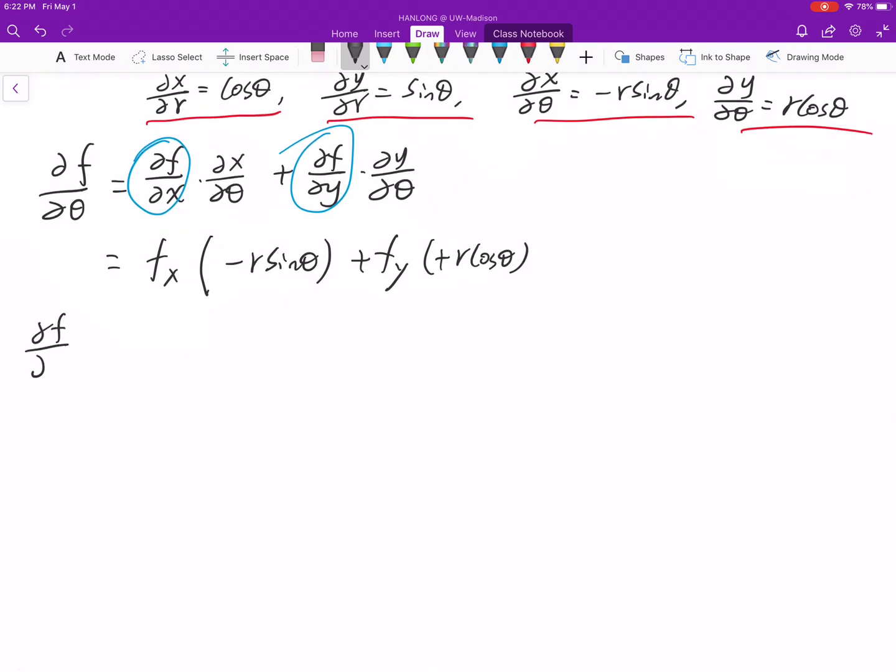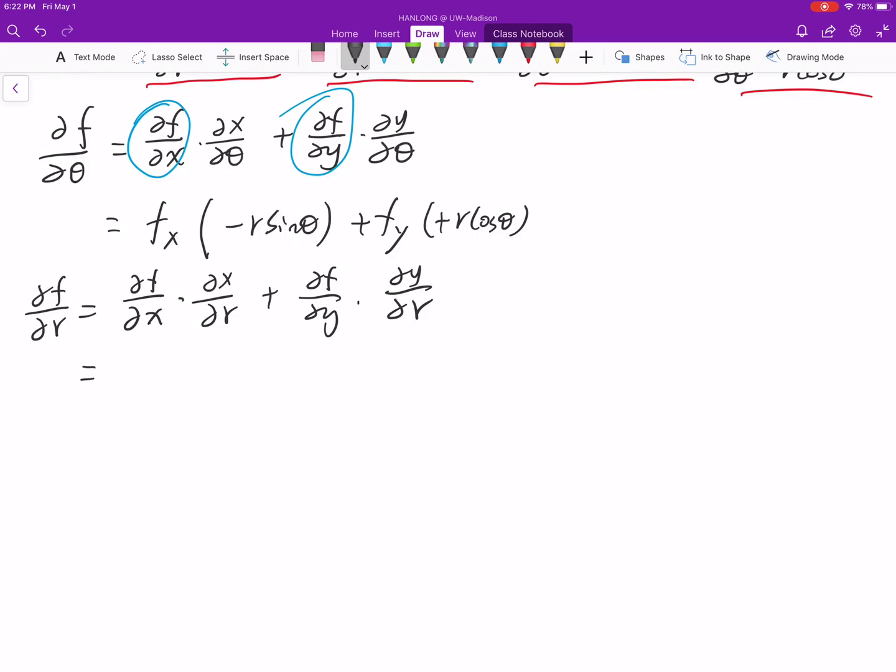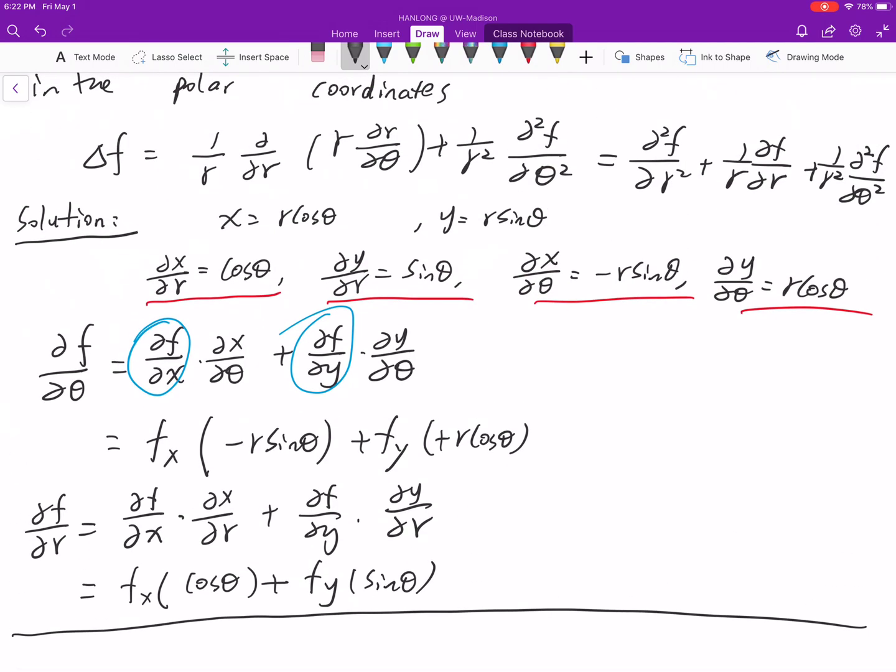Similarly, we can transform partial f partial r into partial f partial x and partial f partial y. Then here you have fx cosine theta plus fy sine theta. This is first order information.